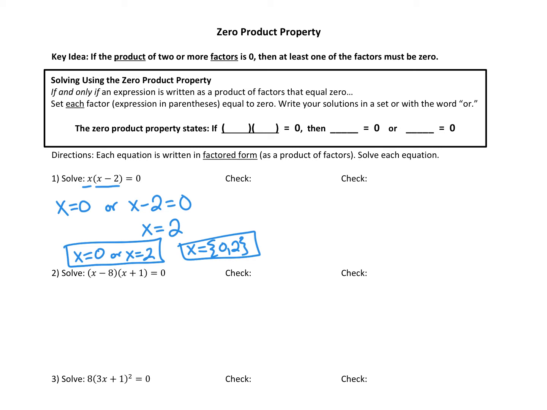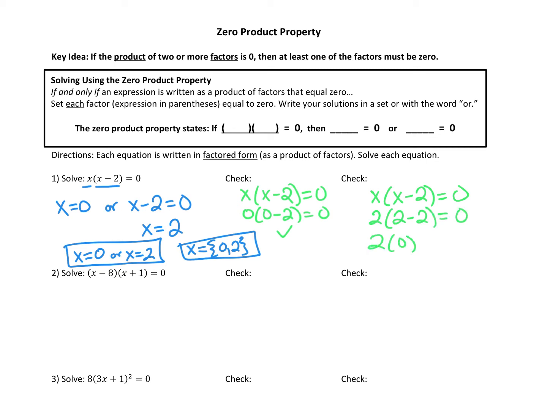So instead of x times x minus 2 equals 0, we'd have 0 times 0 minus 2 equals 0. That's true. Or we'd have 2 times 2 minus 2 equals 0, which is 2 times 0, which is also true. You should always be able to check your solution, even if you check it using mental math.